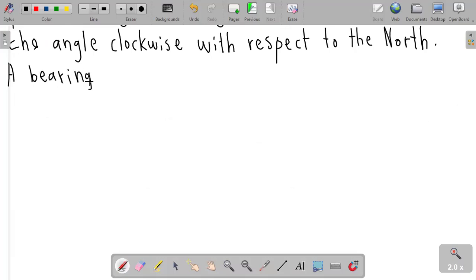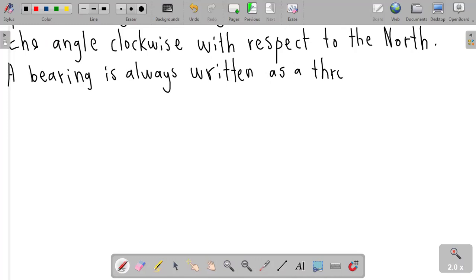A bearing is always written as a three-digit number.